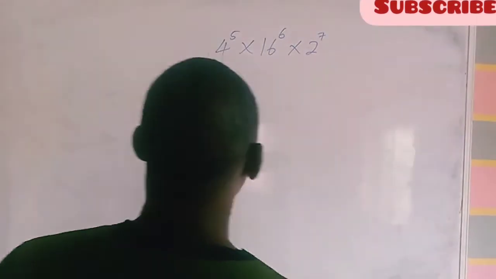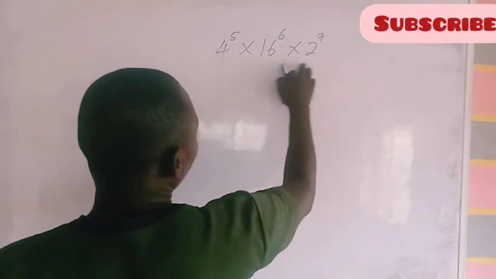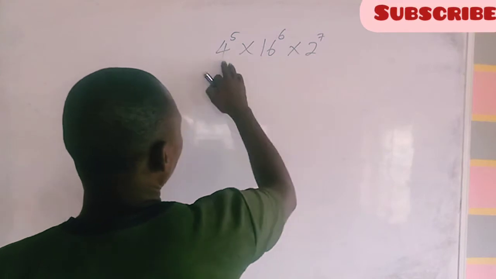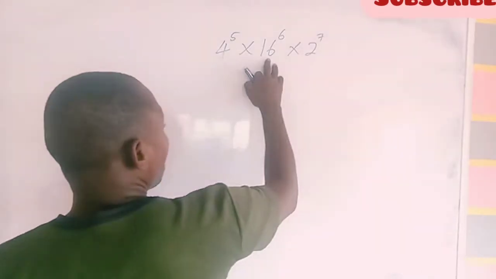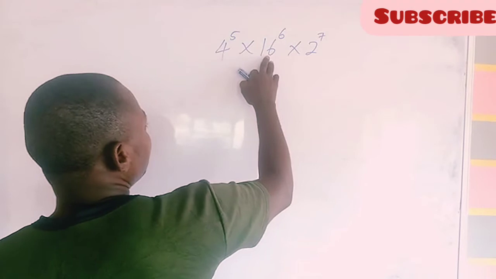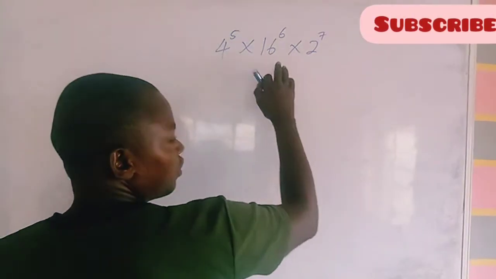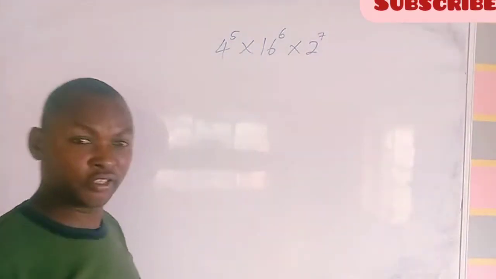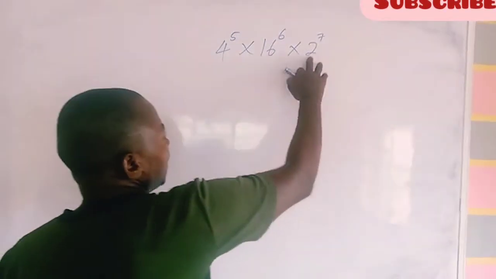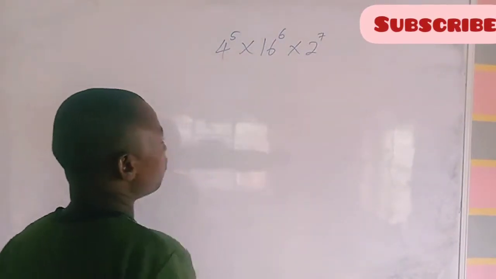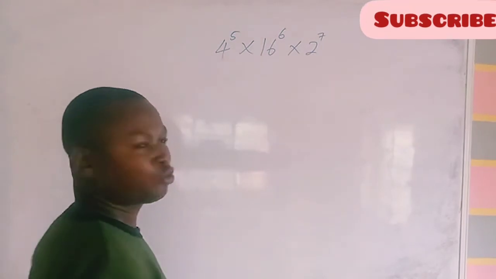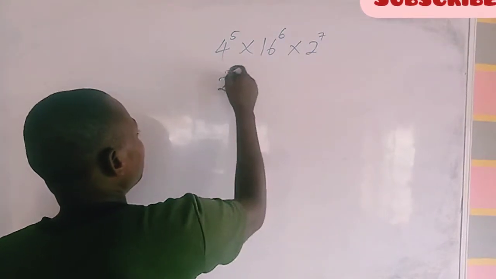Let's check the simplest one. Will I just break this 16 to give us 4 raised by 2? Because 4 times 4 is going to give us 16. But we have the smallest value here, which is 2. So we are going to break everything to become base 2. So we have 2 raised by 2.